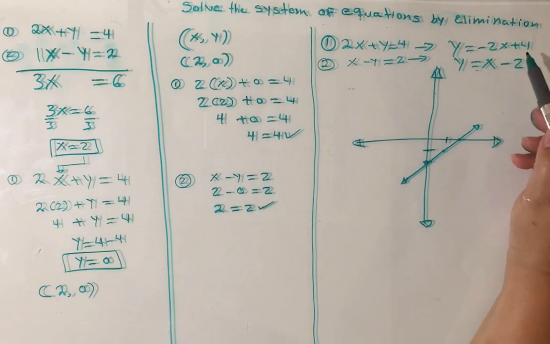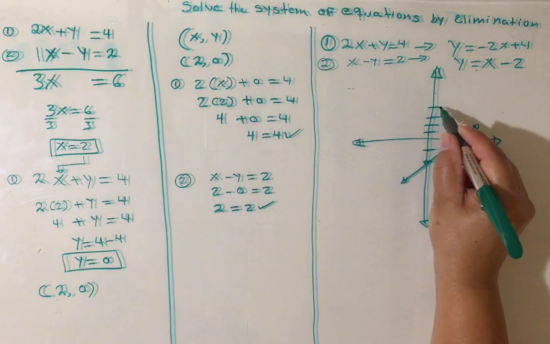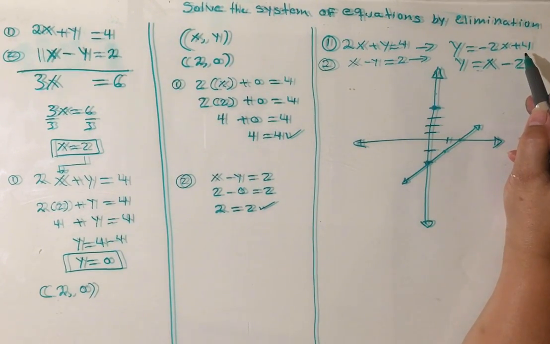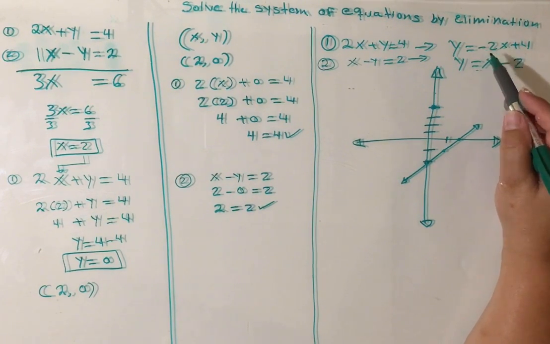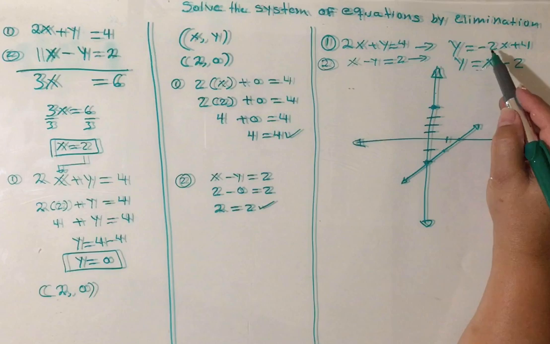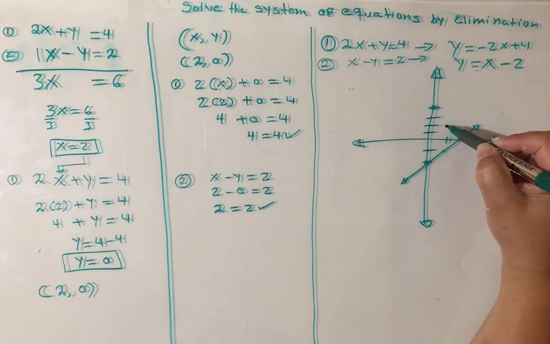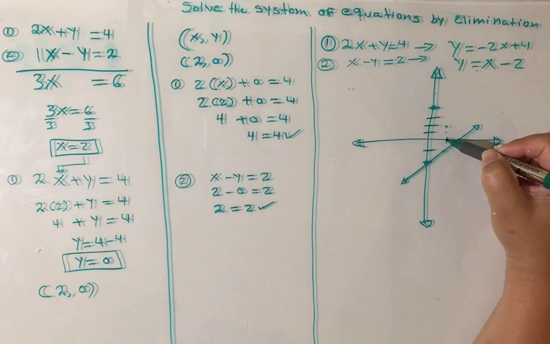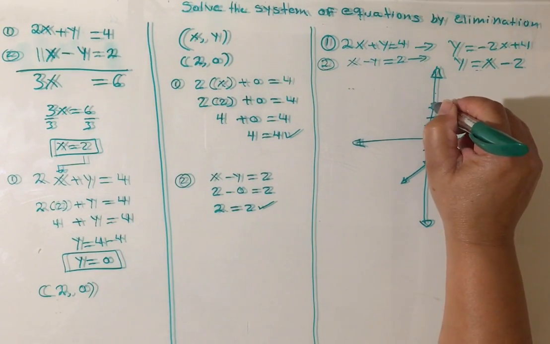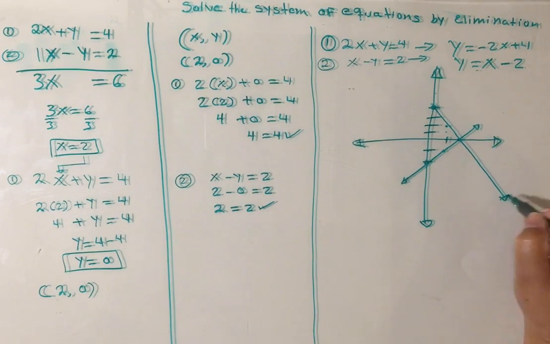Now, I'm going to do the next one, which has a y-intercept of 4: 1, 2, 3, 4. Then I'm going to do the slope, which is negative 2 over 1, right? So down 2, over 1, down 2, over 1. There it is. So there you have the line.